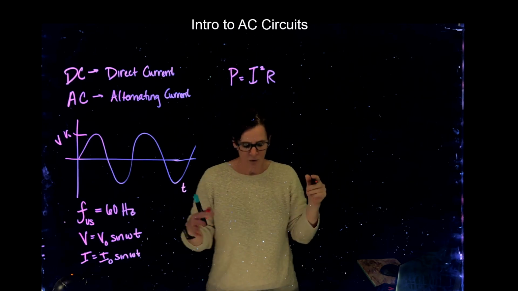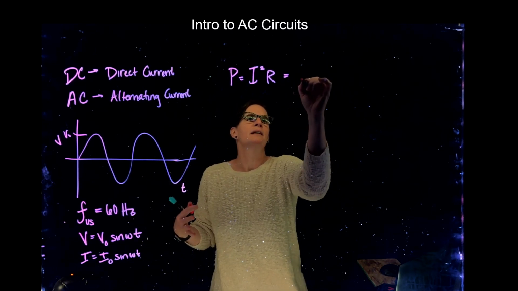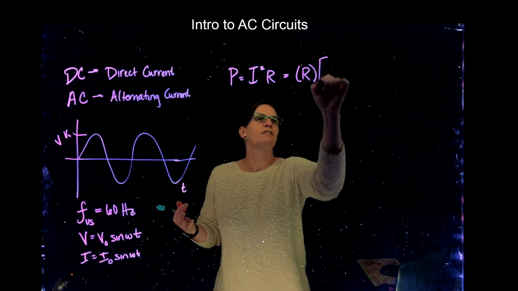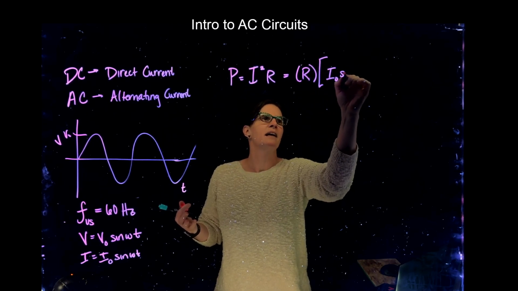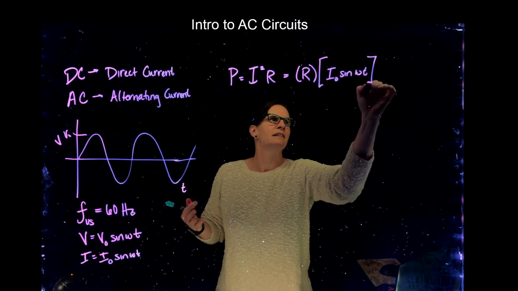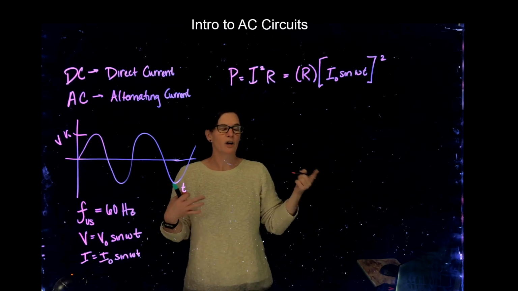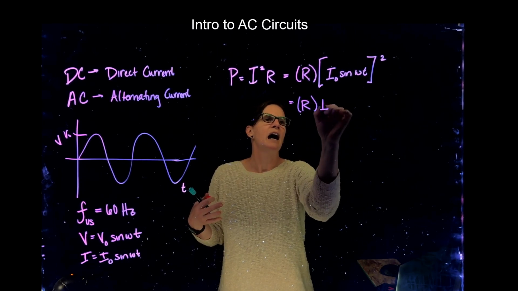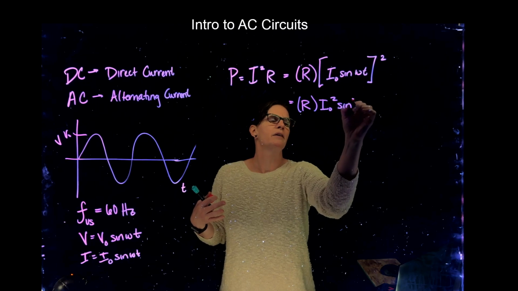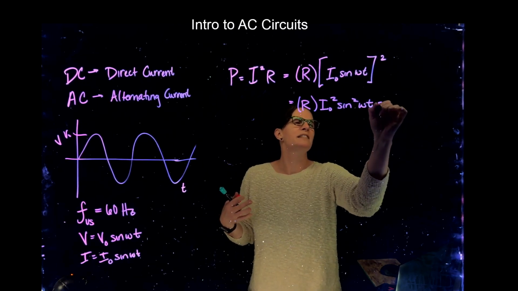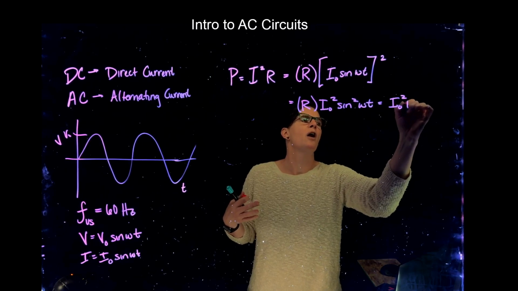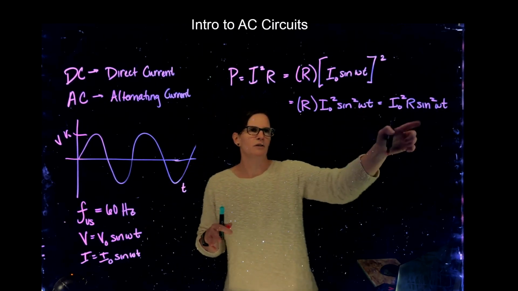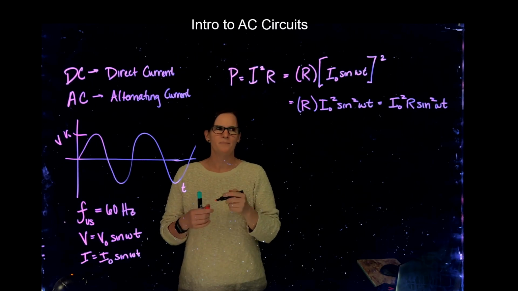If I'm alternating, I still have my R, but now I have I naught sine omega t, quantity squared. So I squared R, which is I naught squared sine squared omega t times R. We often see this written as I naught squared R sine squared omega t. These are identical. I thought that might be easier to review that way.